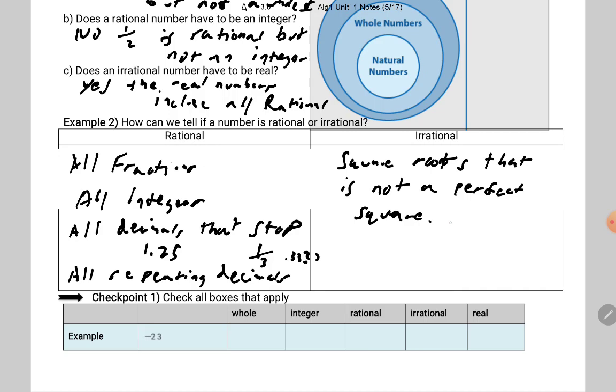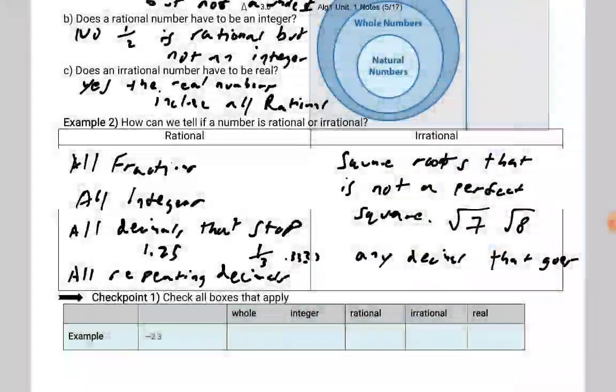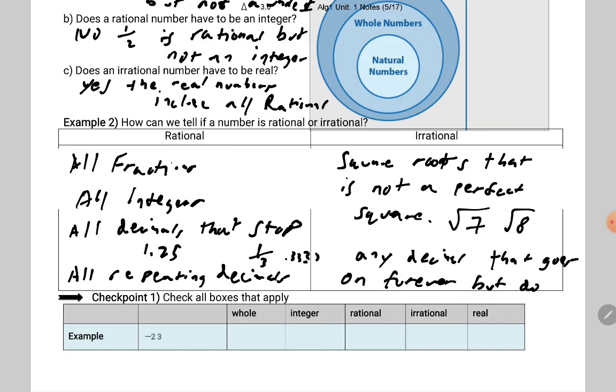Something that's not a perfect square, like square root of 7, square root of 8, 10, 12. And then this would be any decimal number that goes on forever but does not repeat.